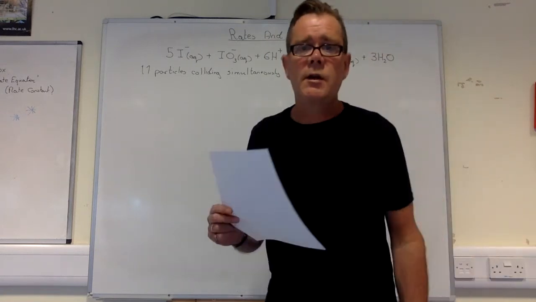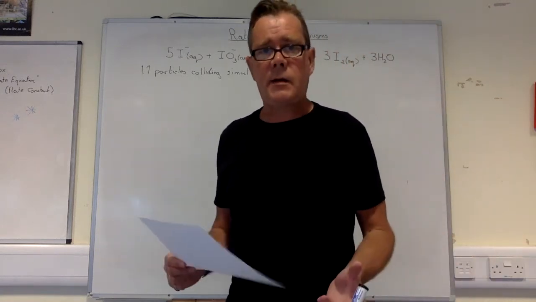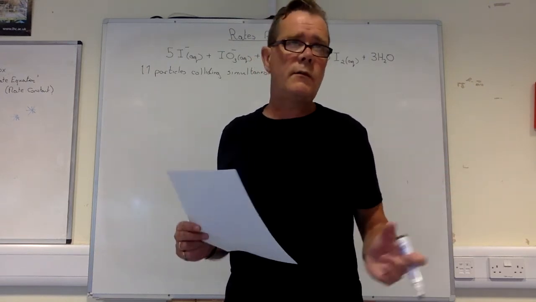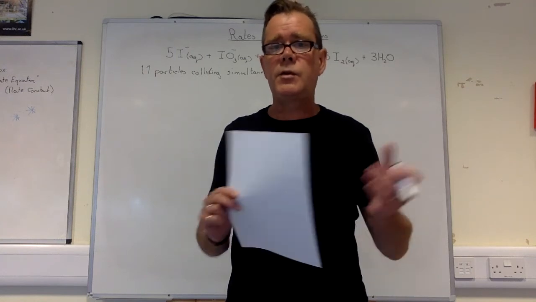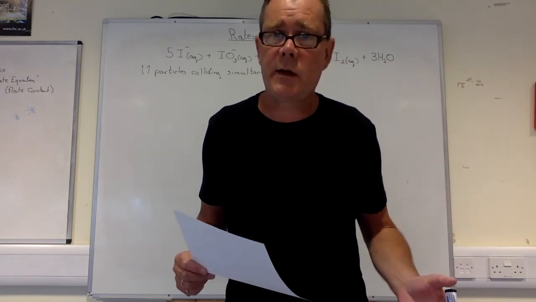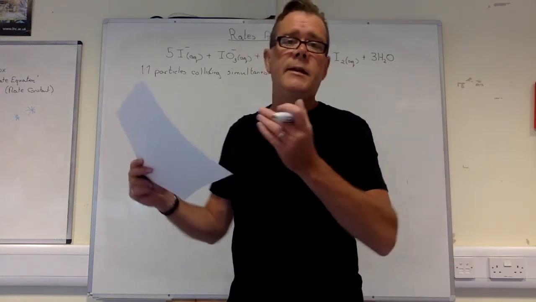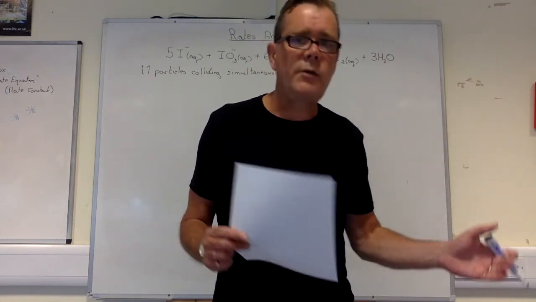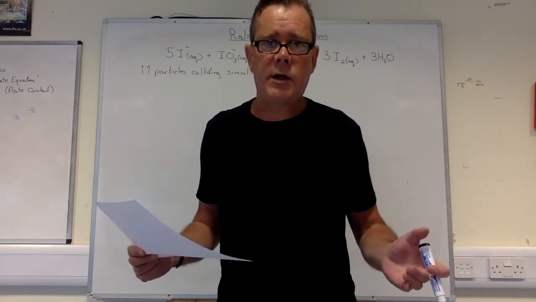That is not a likely thing to happen. That is 11 particles all hitting each other at the right velocity, at the right angle to produce those products, which seems highly unlikely, which is why this does not tell the whole story. Only the products and the reactants in their molar ratios.